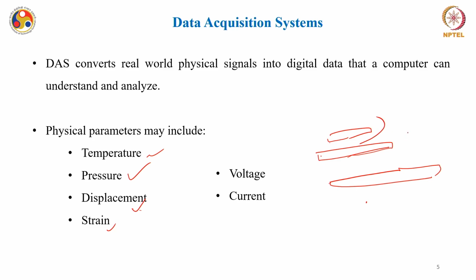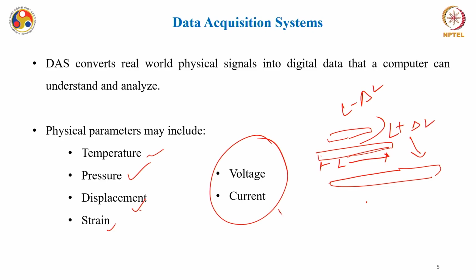All these changes happen in terms of length, say L plus delta L or L minus delta L, where the initial length was L. However, a data acquisition system will give outputs in terms of voltage or current, because these are the electrical parameters which can be further processed. Therefore, the first stage of any DAC should be a transducer or a sensor.